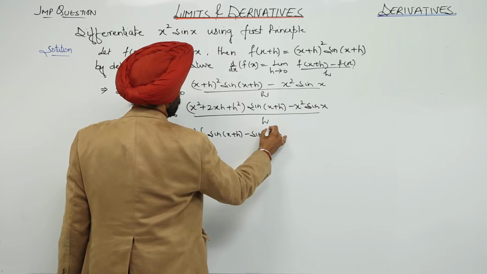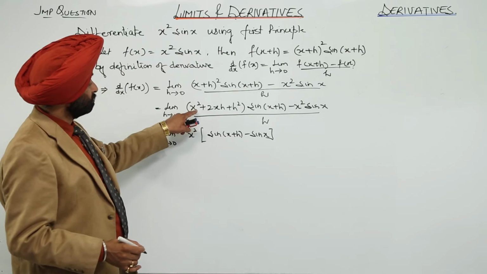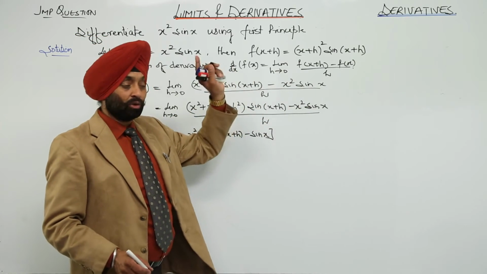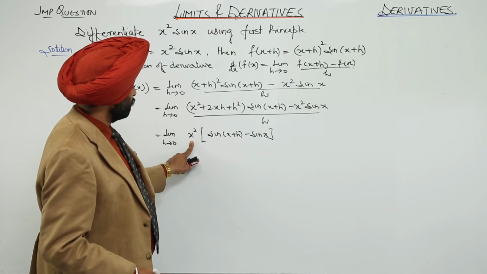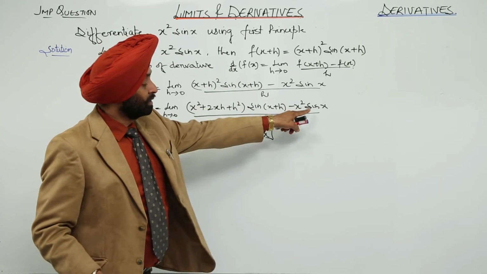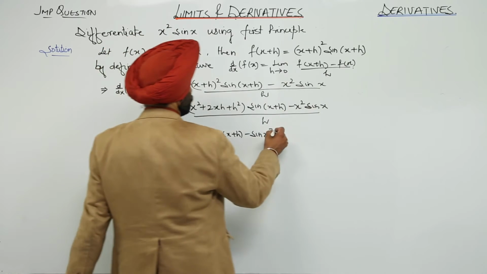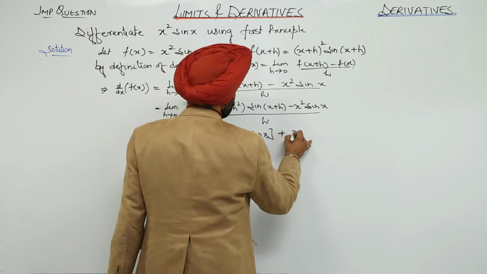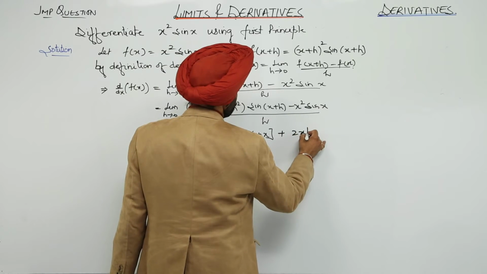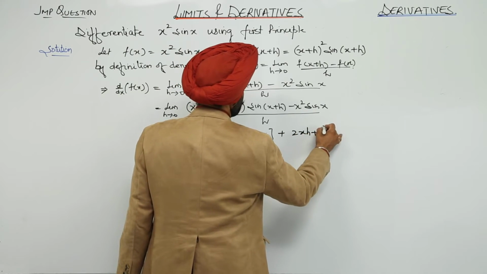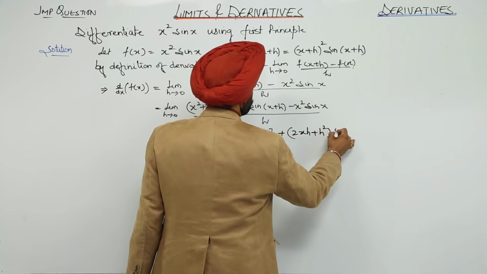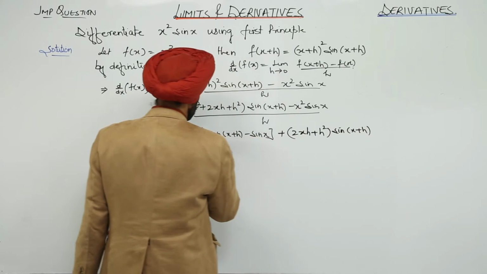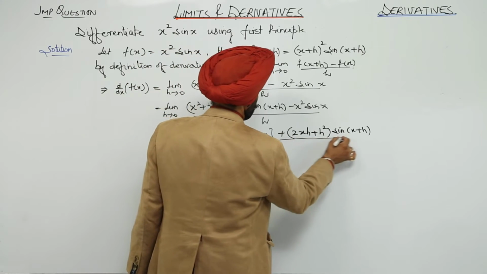One thing, now what I have done, I have just multiplied x square and sin x plus h, and this x square sin x is already there. So x square taken common from first term and the last term, plus now we are having 2xh plus h square with sin x plus h upon h.